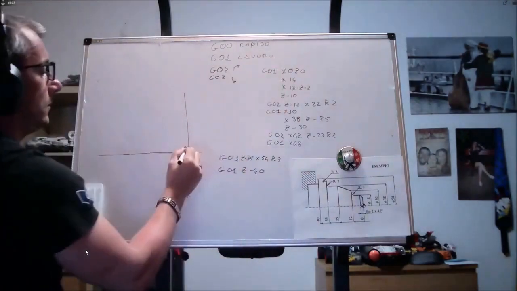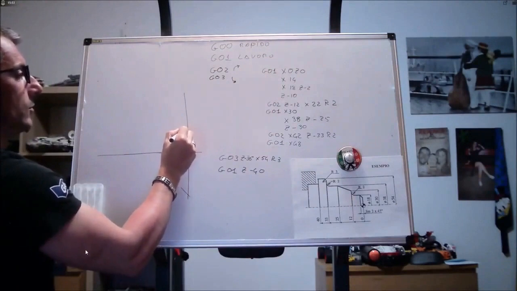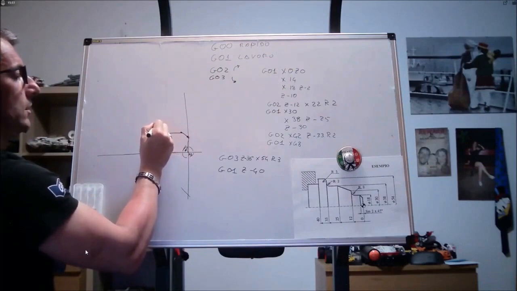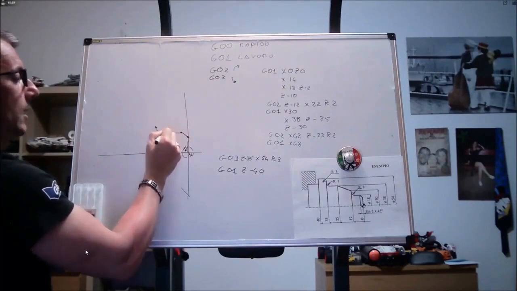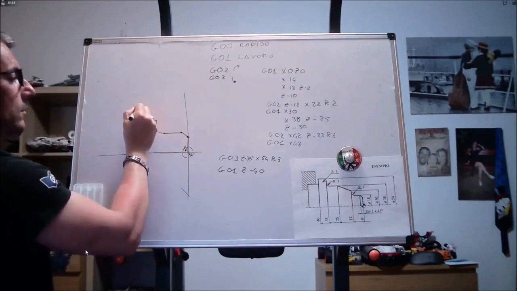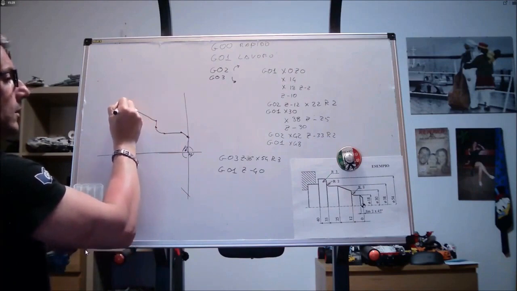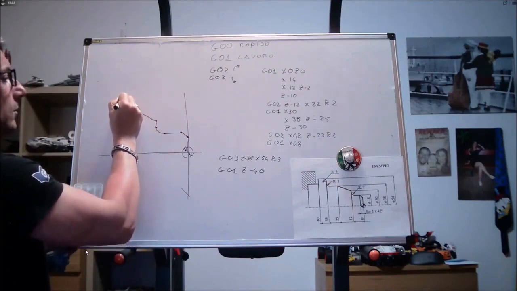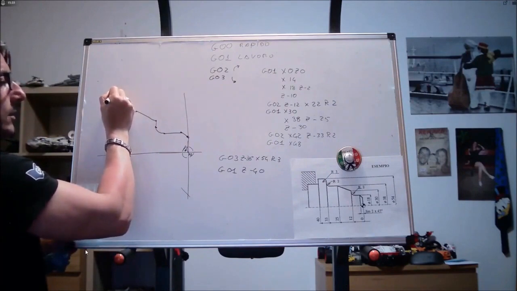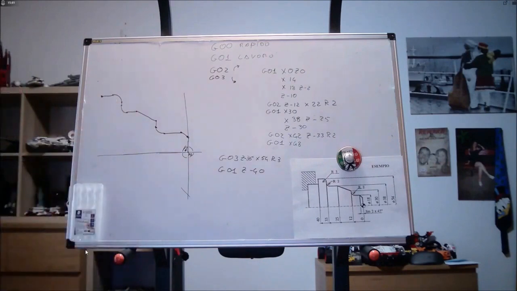So X0, X14, X18, Z2, Z10, G02, Z12, X22, R2, X30, Z25, Z30, G02, X42, R2, G01, X48, G03, Z36, X54, R3, G01, Z40.